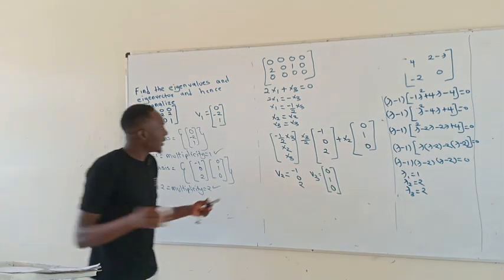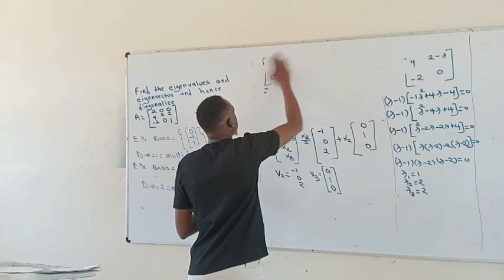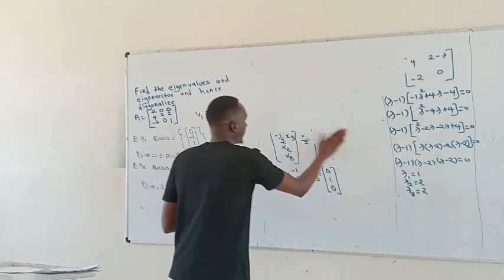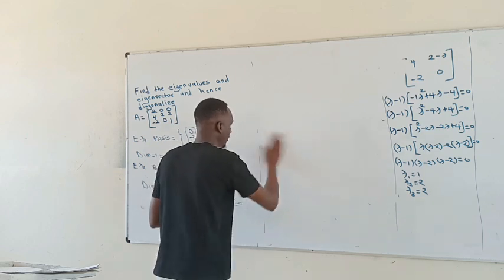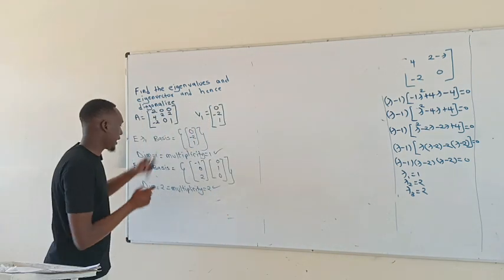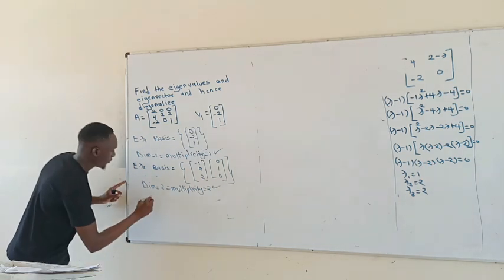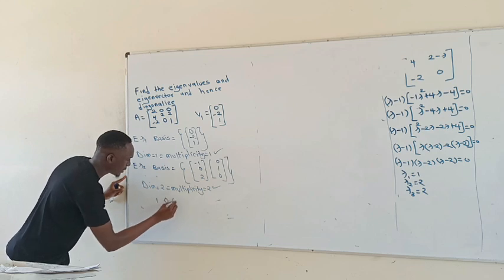Now, from our last discussion, we realize that diagonalizing just means putting the eigenvalues on the diagonal. So we were told to diagonalize. Therefore, our final answer now will be: lambda 1 was 1, put 0, 0.